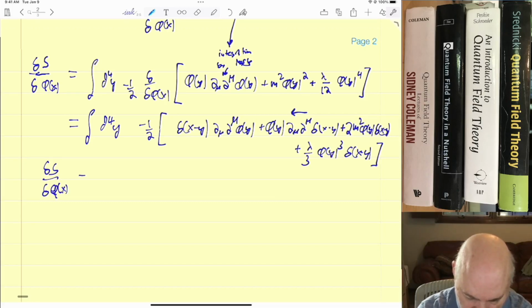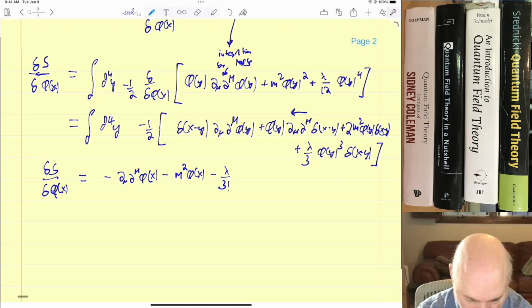After a short while, you'll do all of these by hand. Minus the partial mu partial mu phi of x, because when you do the delta integrations, it takes out the y variables, minus m squared phi of x minus lambda over 3 factorial phi of x cubed equals 0, or just getting rid of the minus signs here.